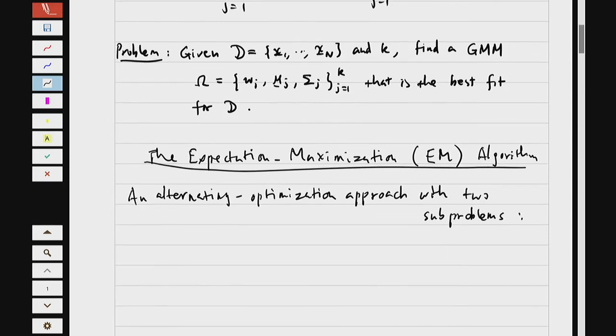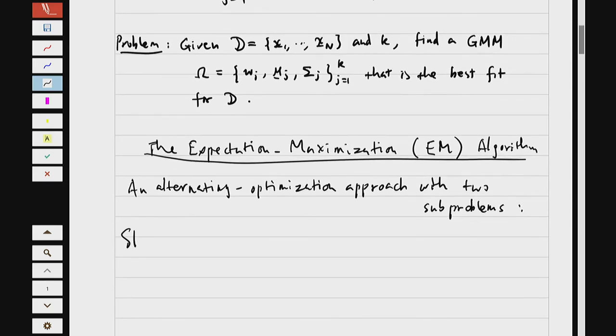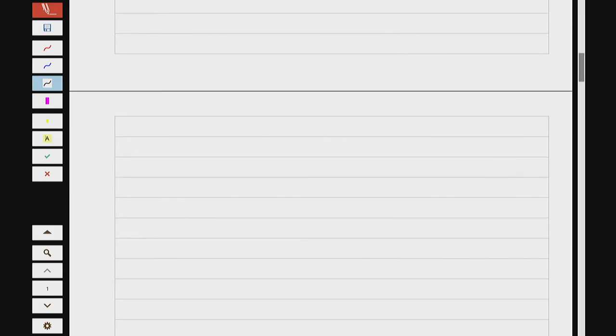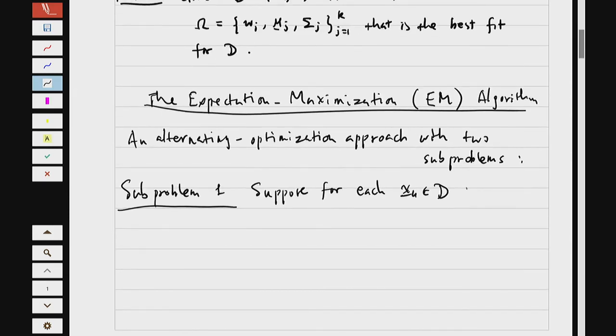Yeah. So problem one is that given the bump membership, we decide the parameters of each bump. Yeah. So suppose for each data point that's in D, oops, sorry, we know its bump membership.